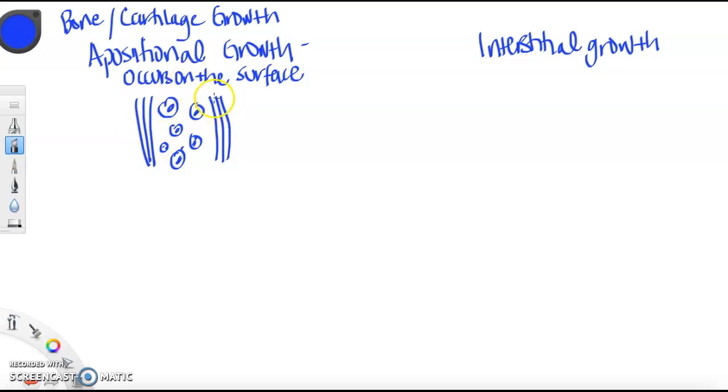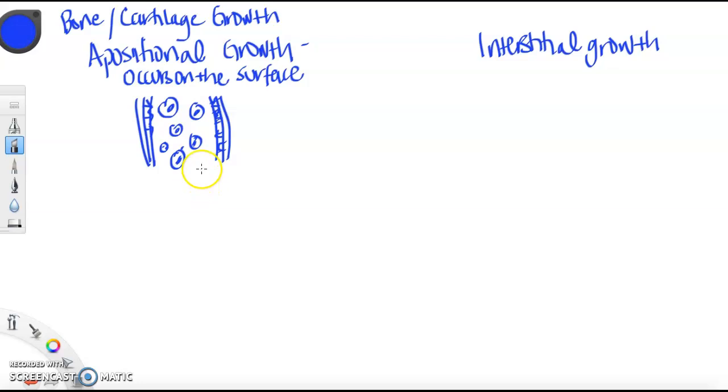What happens is chondroblasts start secreting matrix on top of here, right on top of the existing cartilage. So it's just sort of growing wider.